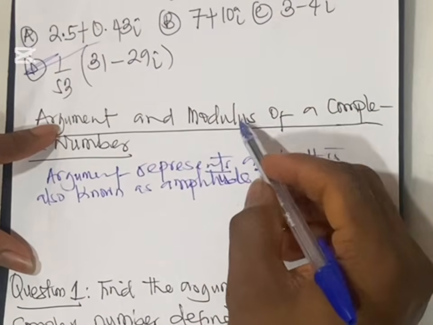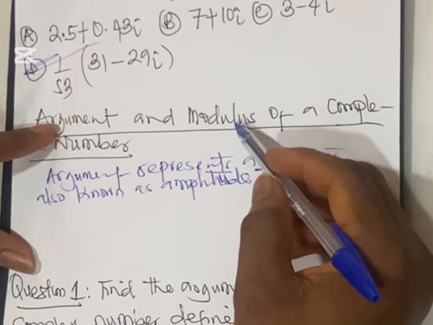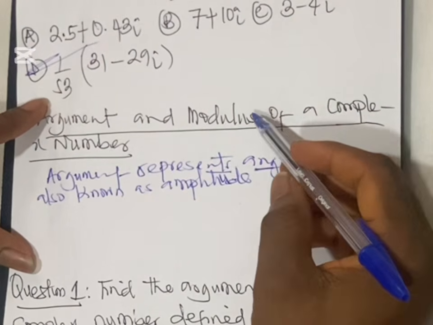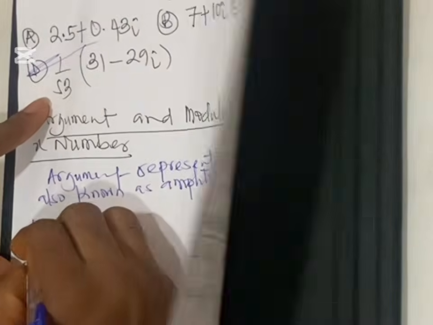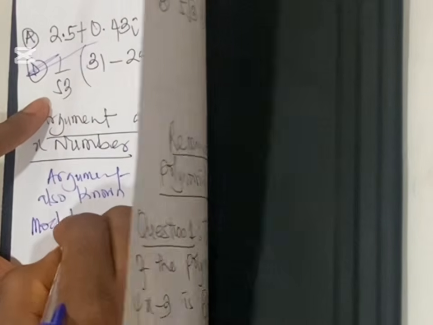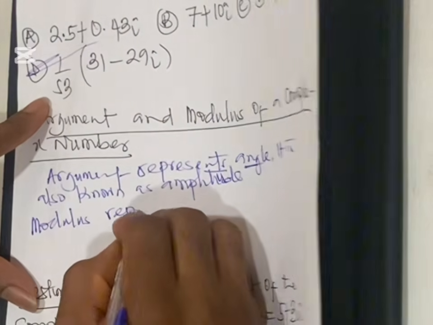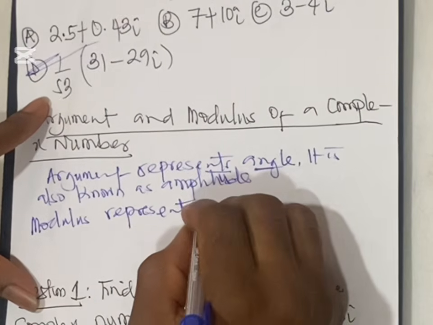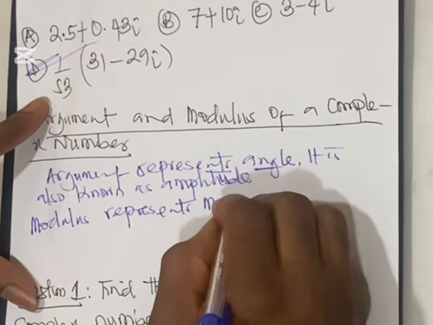So the next is modulus. Modulus of a complex number is the same as magnitude. It is the same as absolute value. This modulus here represents magnitude.